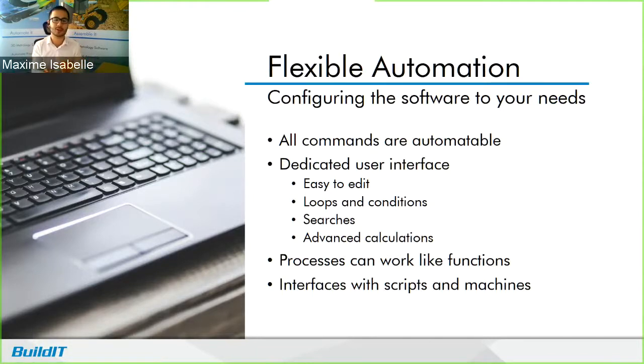Essentially, you can just reuse it over and over again, because you're searching for the surfaces instead of having a specific name or a specific CAD that it works with. And then finally, we have advanced calculations. So not just addition and subtraction, but we can have trigonometry, exponentials, all of the things that you find on a scientific calculator. Essentially, you can do these calculations in there. So really, we've broadened the number of things that you can do with automation.